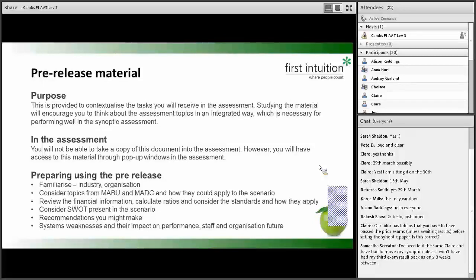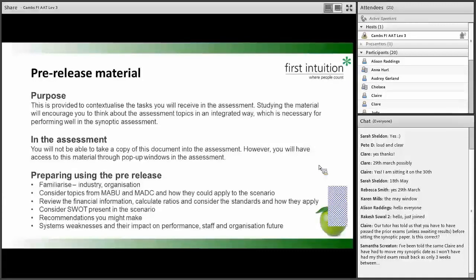I would definitely suggest working through the management accounting papers, going through your course notes that you've received for them, and for each technique or concept that you come across in your course notes, think about how does this apply to the scenario in my pre-release.